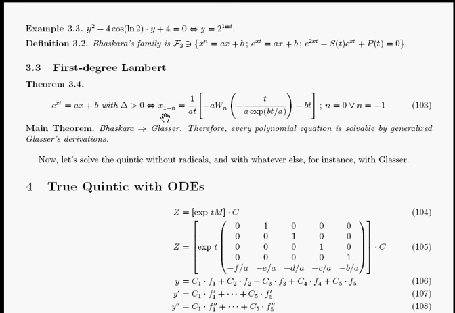This is the solution x. Bhaskara can be solved by other means, therefore every polynomial equation is solvable by generalized Lambert derivations. That's what we are going to prove.